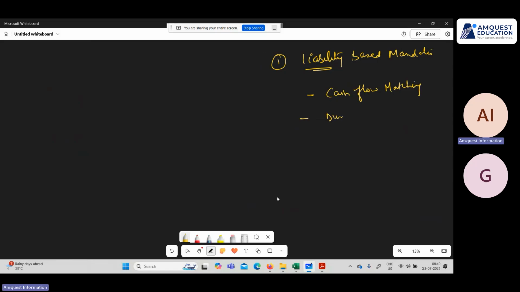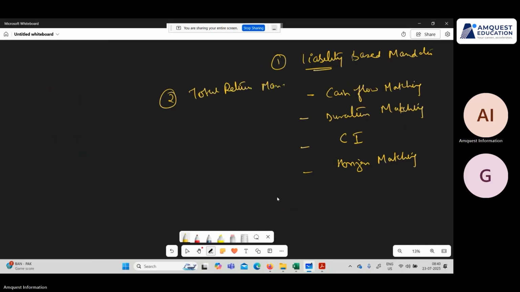Another one is duration matching. Third one is contingent immunization. Fourth one is horizon matching. And then they also say that you could have some kind of total return mandates, in which you could have pure indexing, enhanced indexing, and then active management.